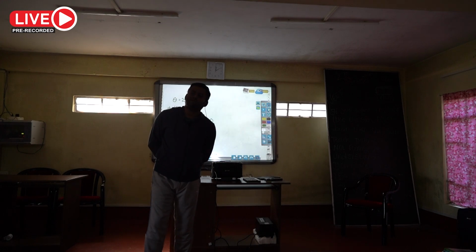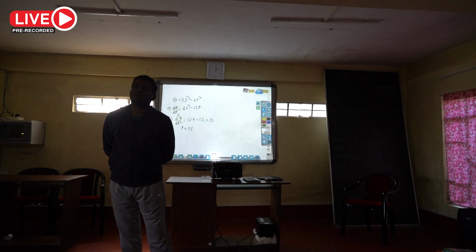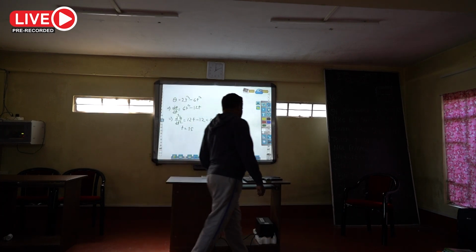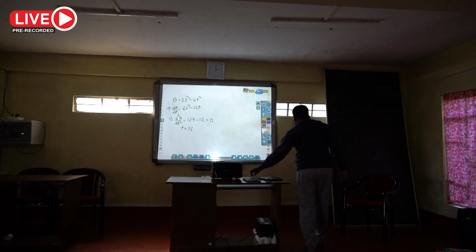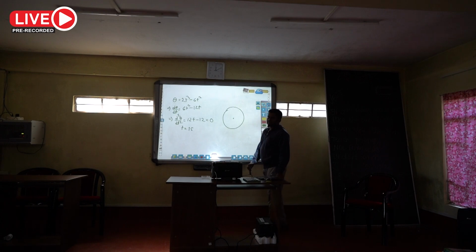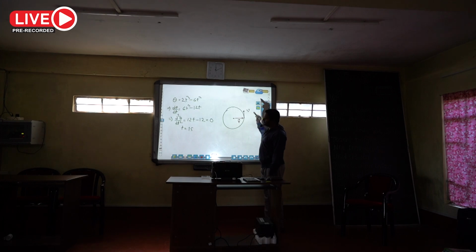Angular momentum is defined by the formula r cross p. So if a particle is moving in a circular path, let us consider this is radius r, this is the direction of linear velocity v, the tangential velocity.